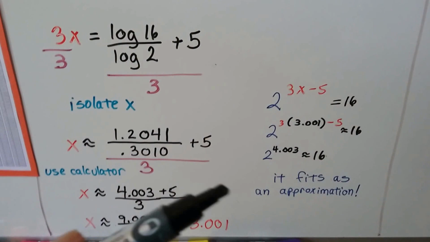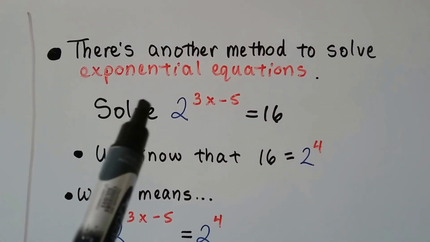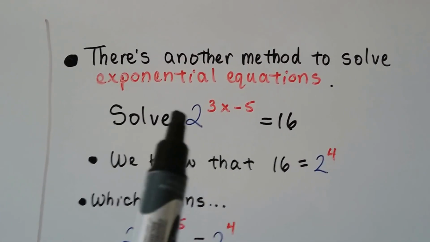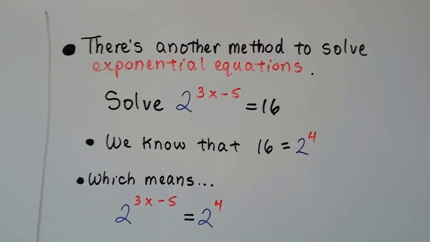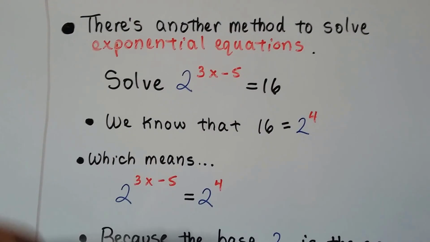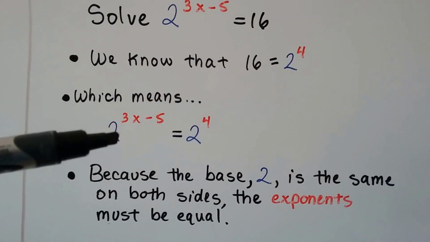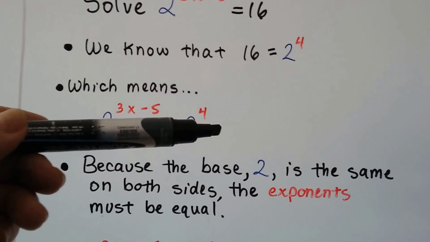Cool, huh? Now there's another way of solving this. There's another method to solve exponential equations, especially if they're compatible. So we've got solve 2 to the 3x minus 5 equals 16. That 2 and that 16 are compatible because that 16 is 2 to the 4th power. That gives us the same base. And because the base 2 is the same on both sides, the exponents must be equal. We can write it like this without the bases.